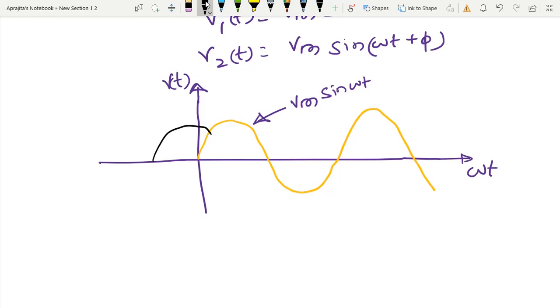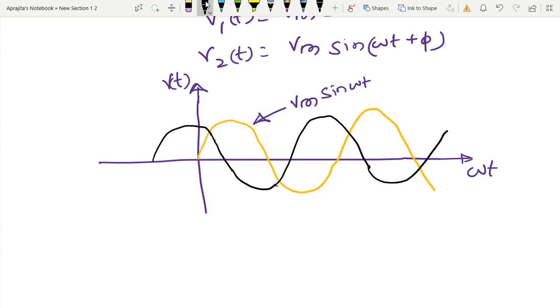The magnitude Vm remains the same, so the approximate plot will look something like this.